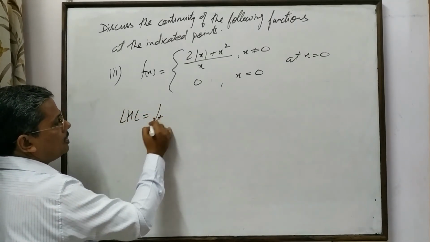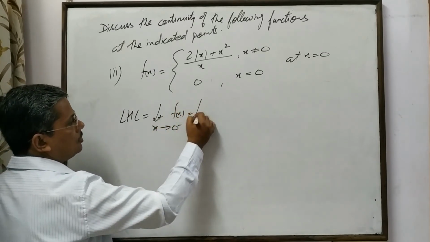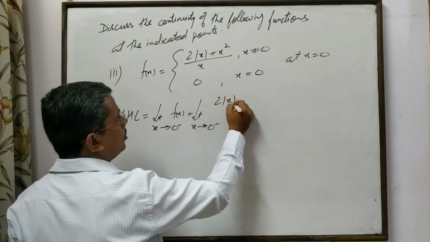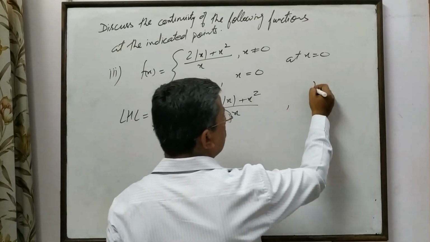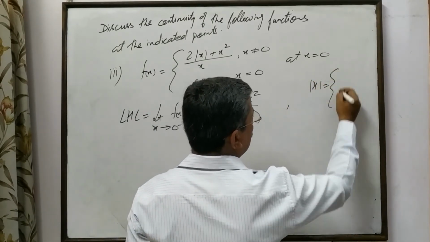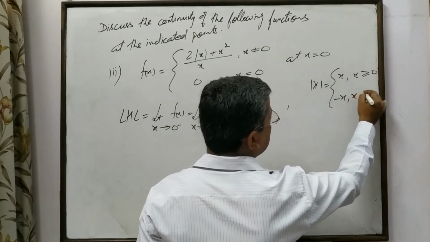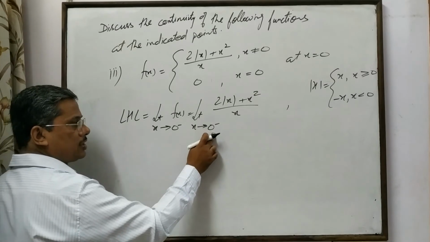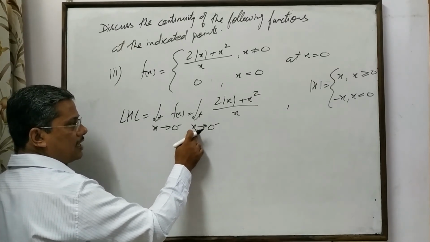So what about the left hand limit? It is limit x tends to 0 negative of f of x, which is limit x tends to 0 negative of 2 times mod x plus x square upon x. Now we know the definition of mod x. As I told you earlier, it is x when x is greater than or equal to 0, and minus x when x is less than 0. So 0 negative means 0 minus something, something has been subtracted from 0, which means x is less than 0.